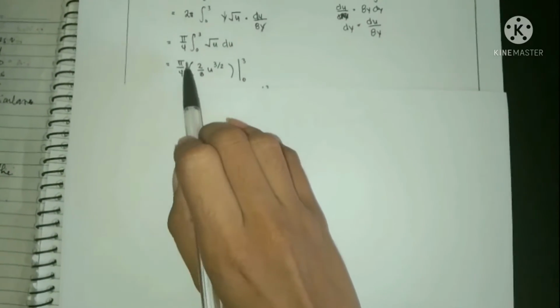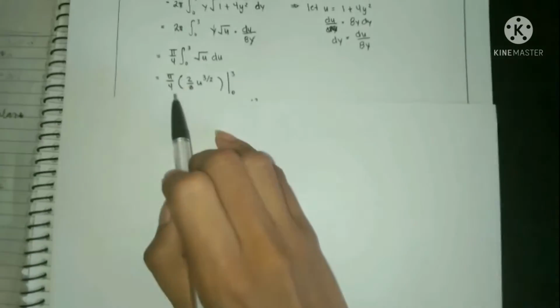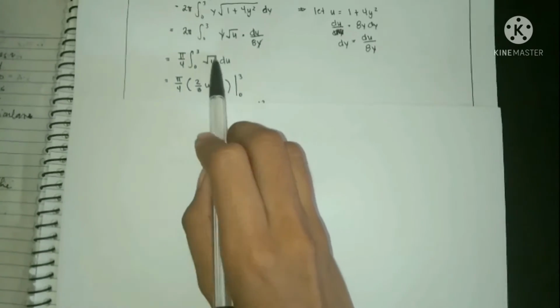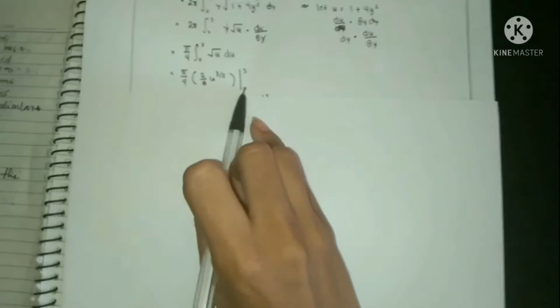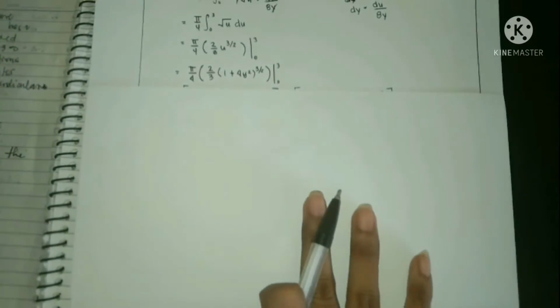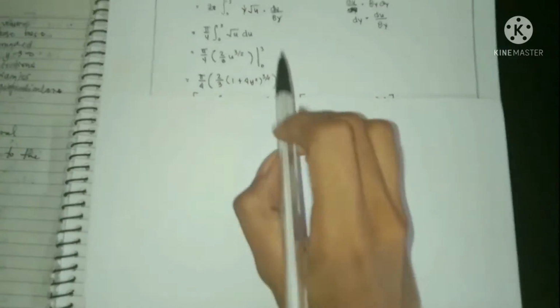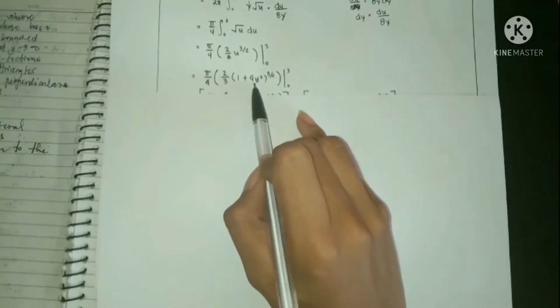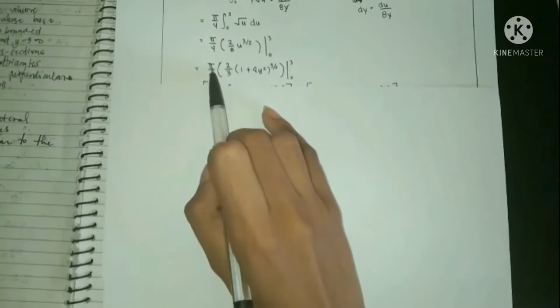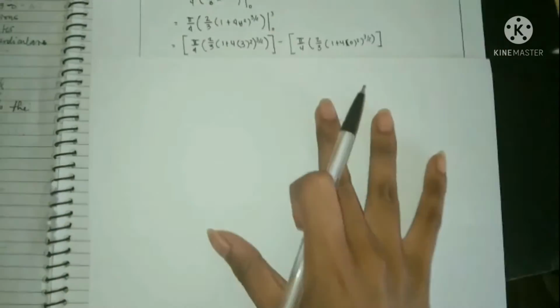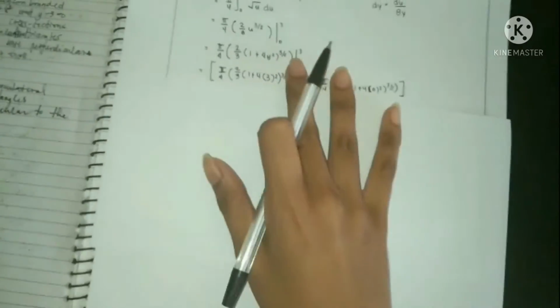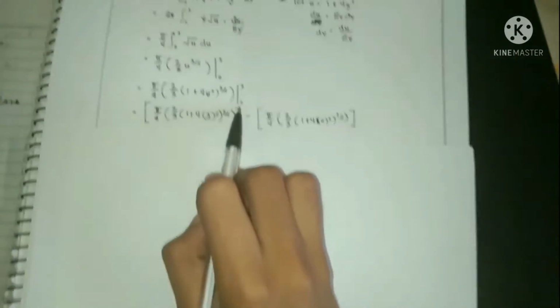So pi over 4, the integral of square root of u du, which is 2/3 u to the 3 halves, then the upper and lower limits, which are 0 and 3. So, let's plug in the value of u. So, it will become like this: pi over 4, 2/3 times 1 plus 4y squared to the 3 halves. Now, let's plug in the value of y here, which are the upper and lower limits.